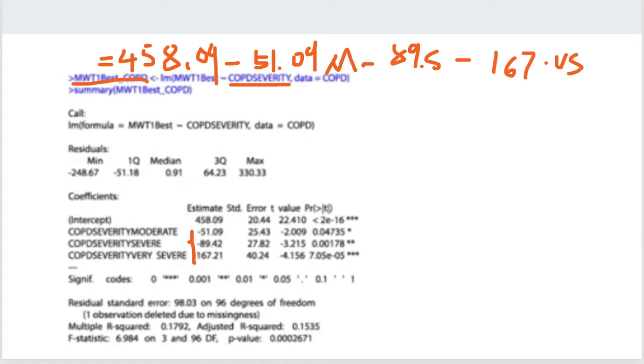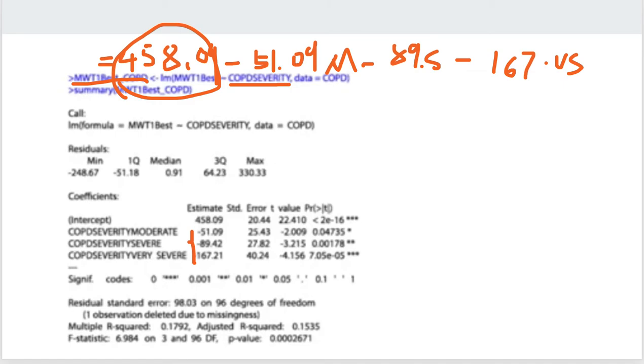Then we can see that when the severity equals 0, that means it is mild, then the walking distance equals alpha. And when the severity increases by 1 value, that is when it equals moderate, then the walking distance is going to be decreased by 51.09.